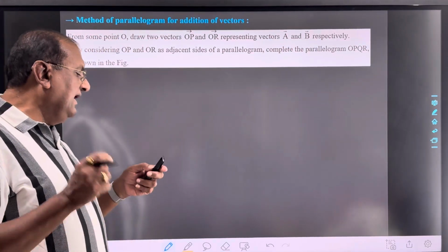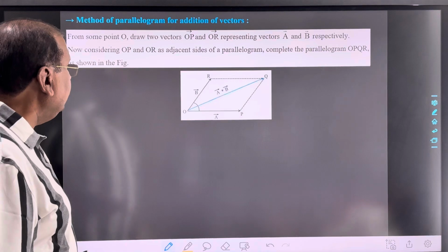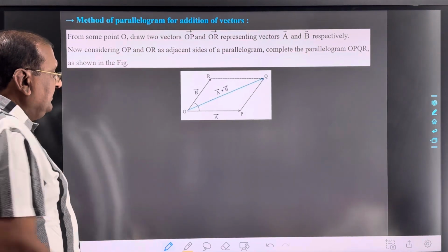First of all, we have to represent both these vectors A and B from the same origin.